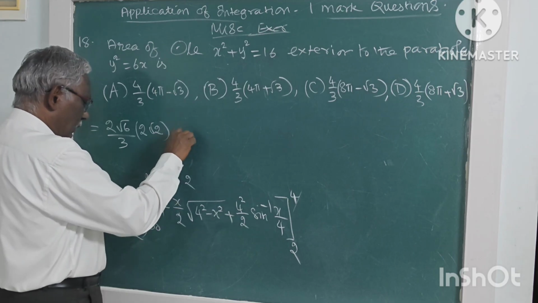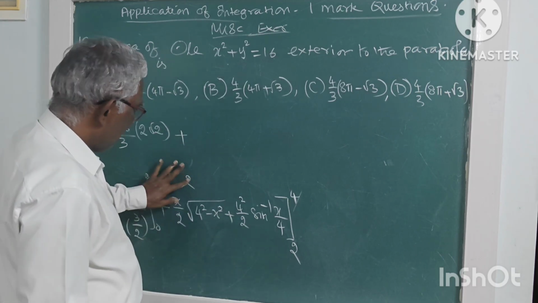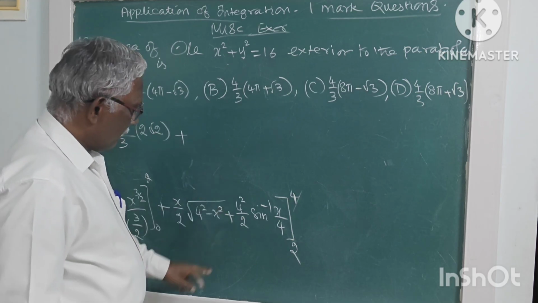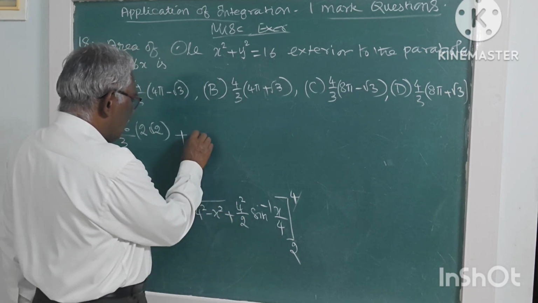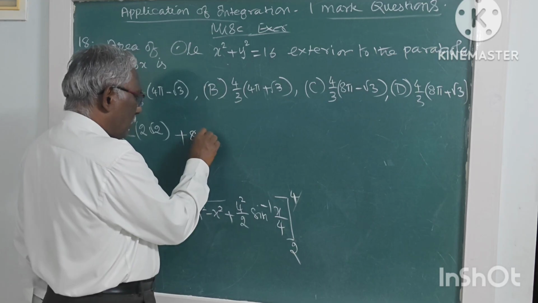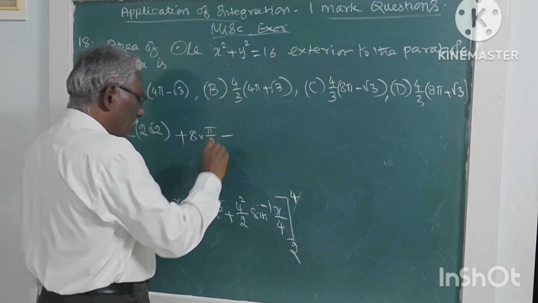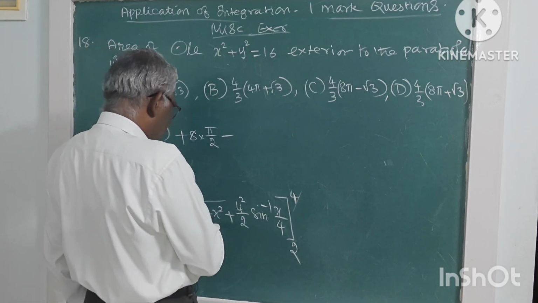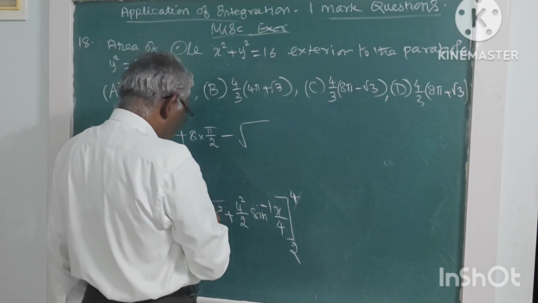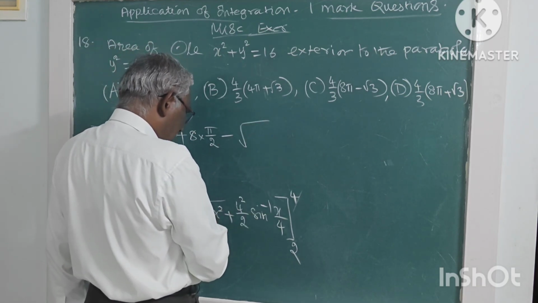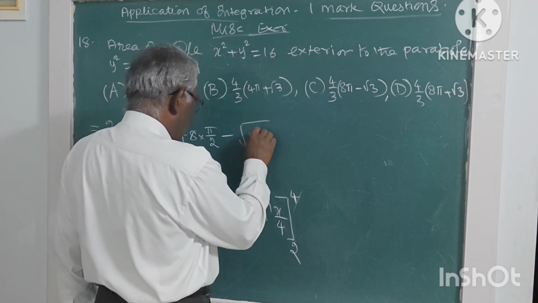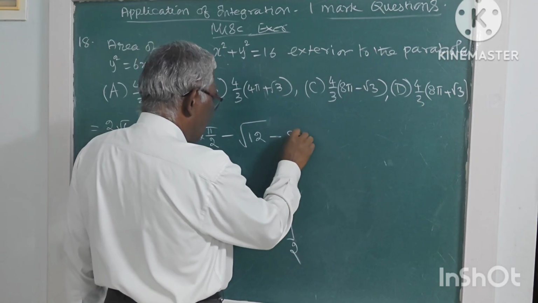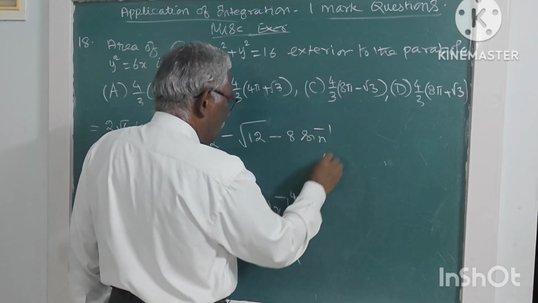At 0 it means 0 only, plus you put x is 4: 4 square minus 4 square will become 0, this 8 sin inverse 1, which is pi by 2, minus you put x is 2: 2 by 2 times square root of 4 square minus 2 square, 16 minus 4, 12, minus 8 times sin inverse half.